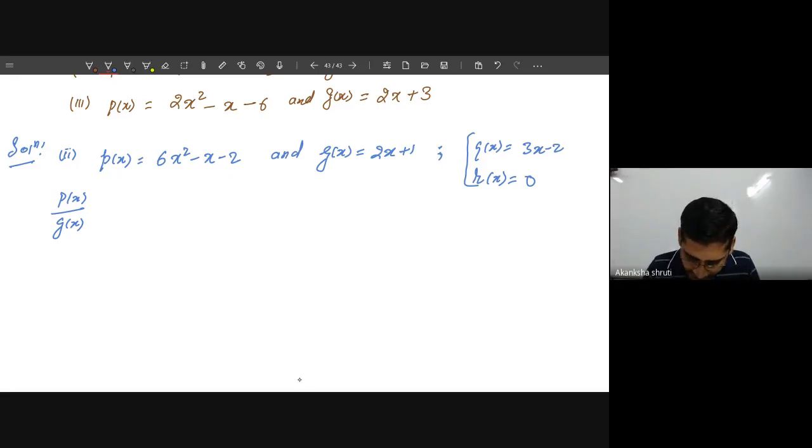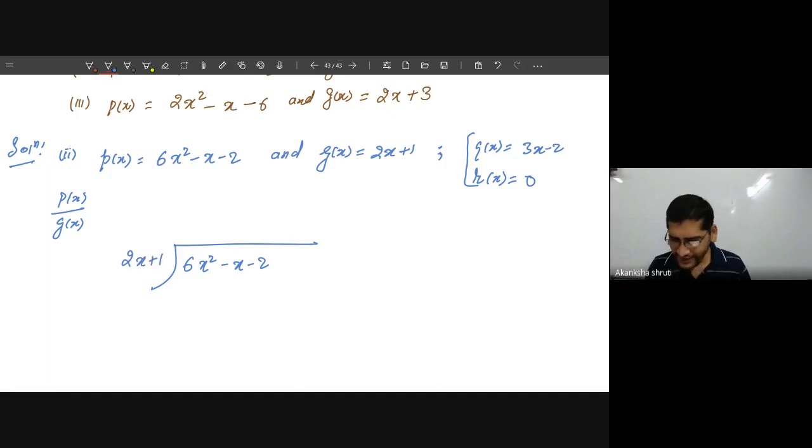So the very first step is to rearrange the given polynomial in descending order of the power of x. It is already in descending order, so nothing to do. Then next is to keep this under the division sign. Minus 2 has to be kept inside, and the divisor is here 2x plus 1.